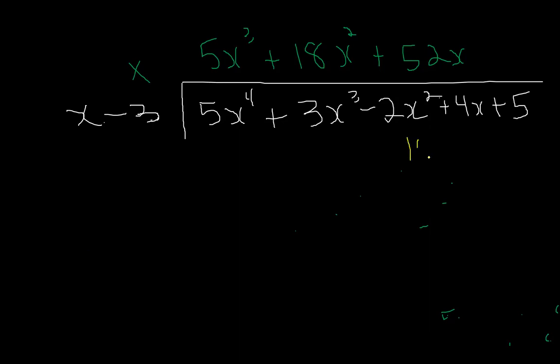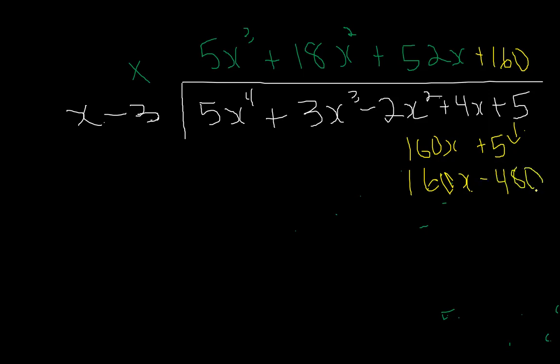So the number we have now is 160x. X into 160x gives me 160. 160 times x. Oh wait, I brought down the 5, right? So that's 160. 160 multiplied by minus 3 is going to give me minus 480.